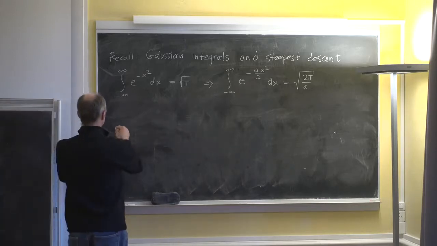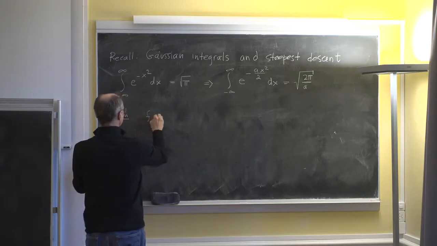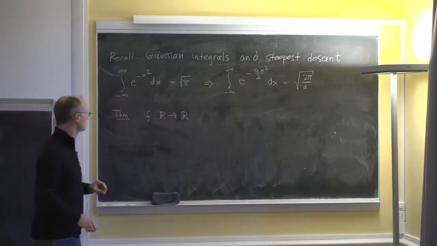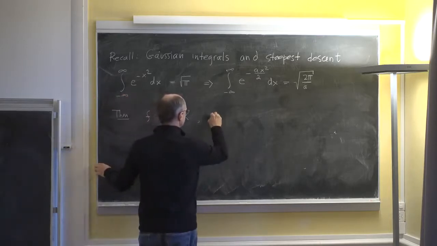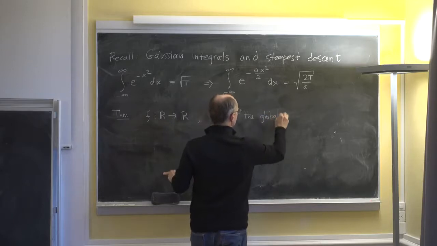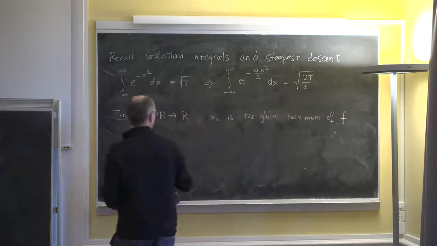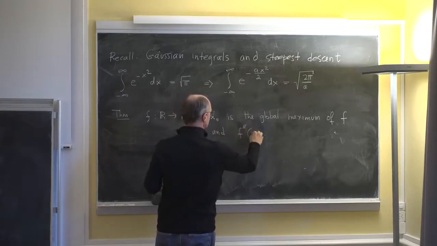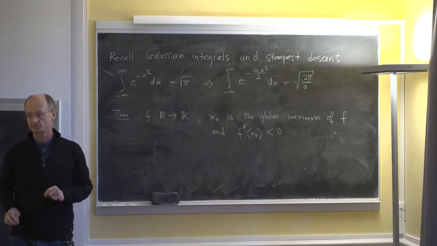Now, there is the following theorem. Suppose that f is a, let's say, smooth function from R to R. X naught is a global maximum of f, and we assume f double prime of x naught is strictly smaller than 0.